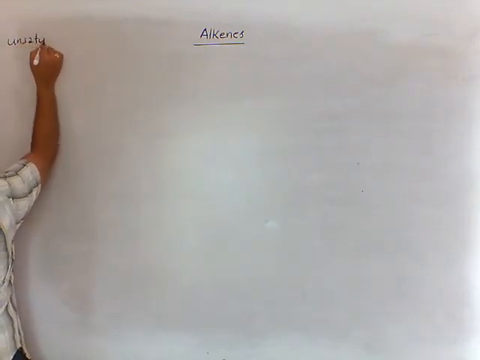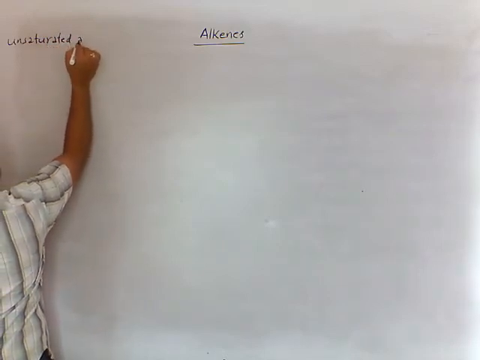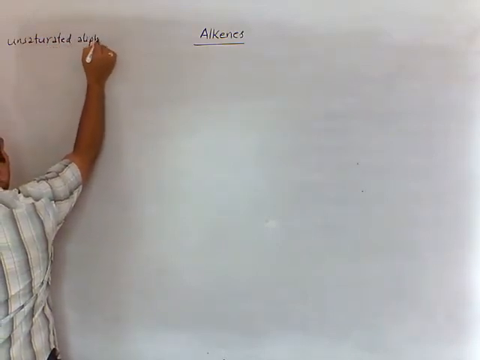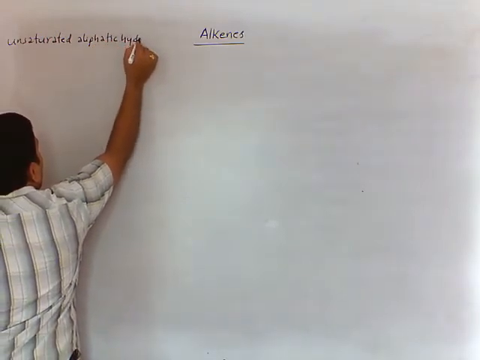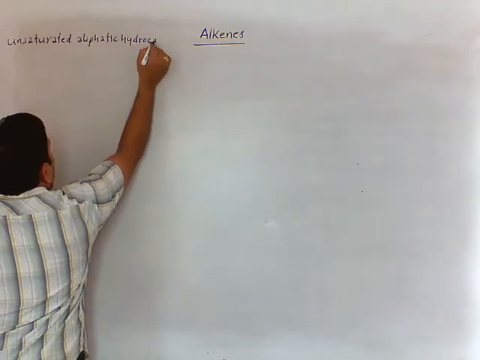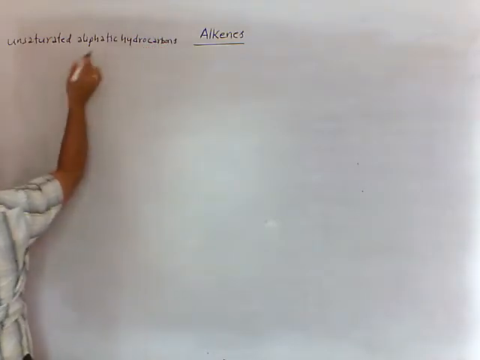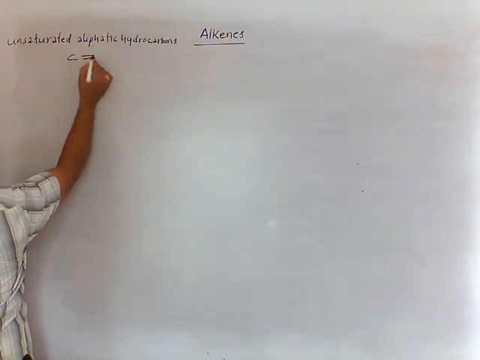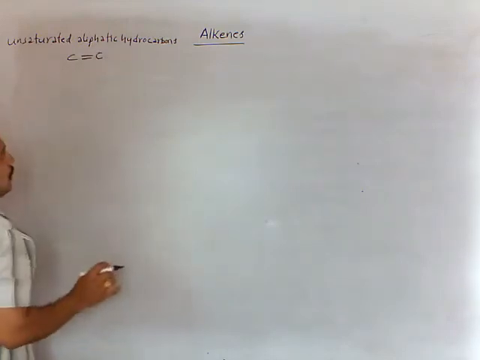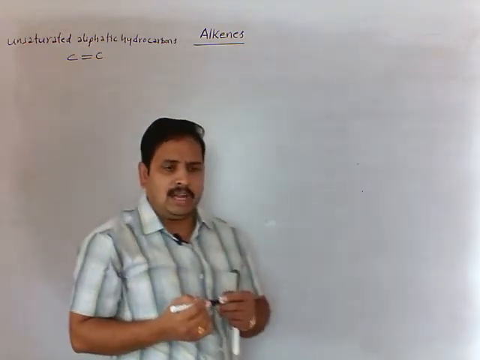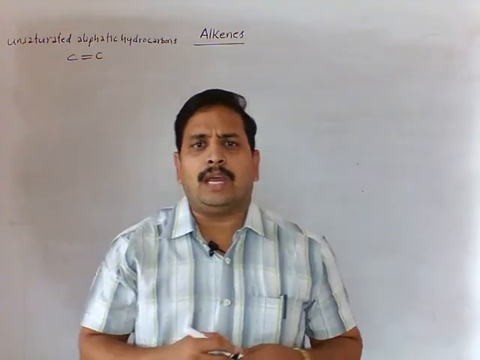Unsaturated aliphatic hydrocarbons containing carbon-carbon double bond are called alkenes. These are also known as olefins.